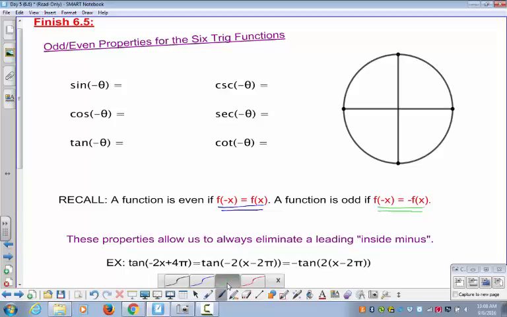Y equals x cubed was your benchmark odd function. If you go to the right one or go to the left minus one, the y values are the same in magnitude, but differ in sign. One is up, one is down. Okay? So that's the definition of odd. Same distance right and left, go up one, go down.